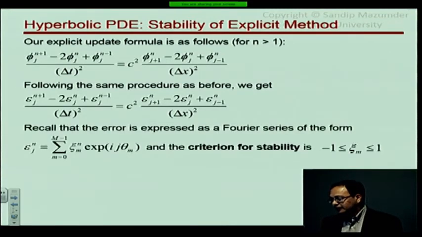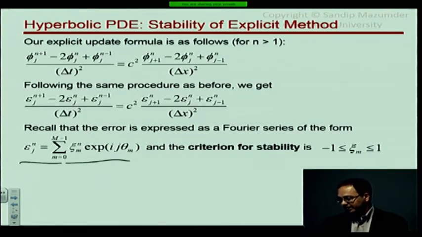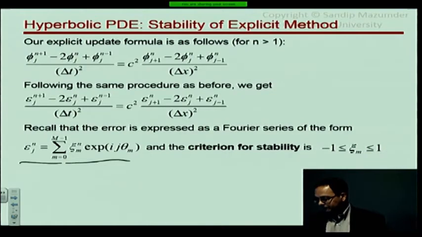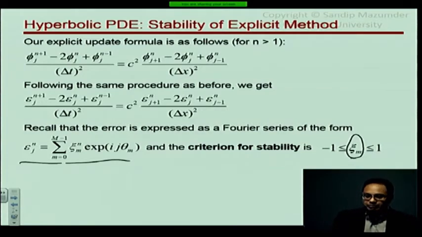And then this is your modal expansion, Fourier mode expansion, where the stability criterion is that this complex amplitude xi must be between -1 and +1, or its magnitude must be less than 1. Okay. So this is the exact same thing as what we did for parabolic equations.